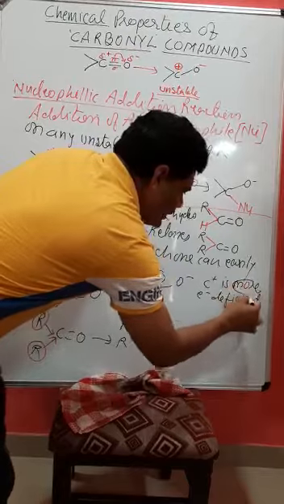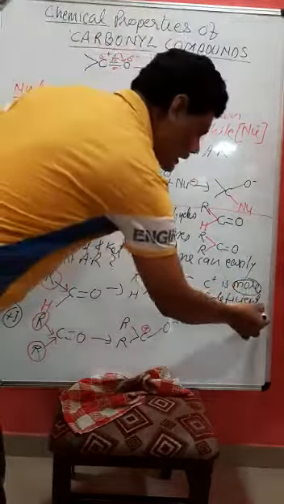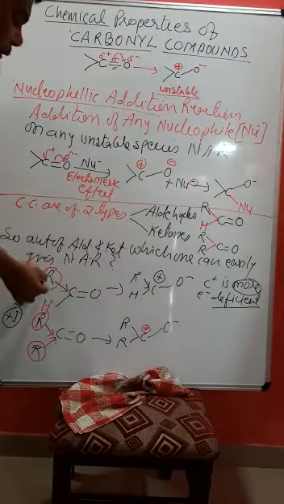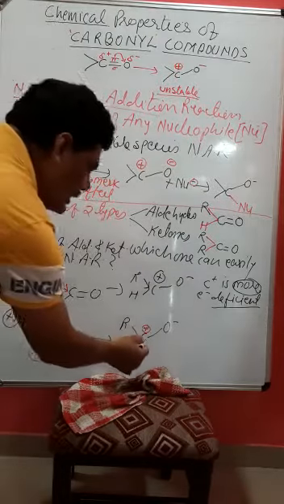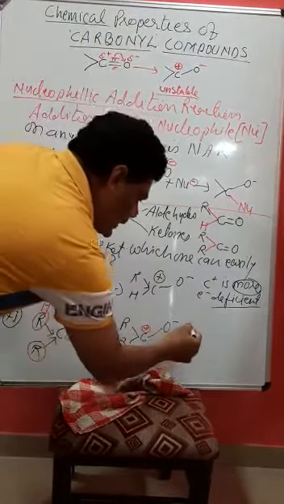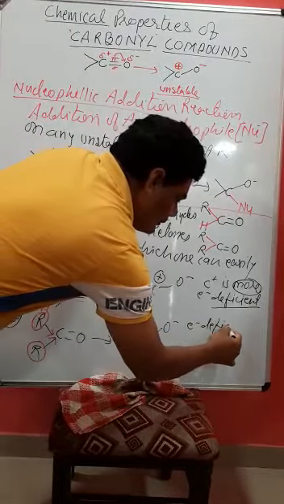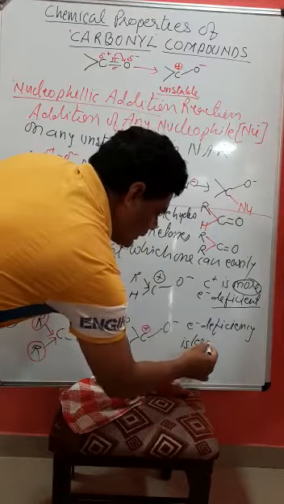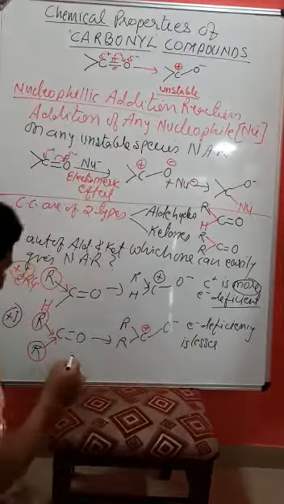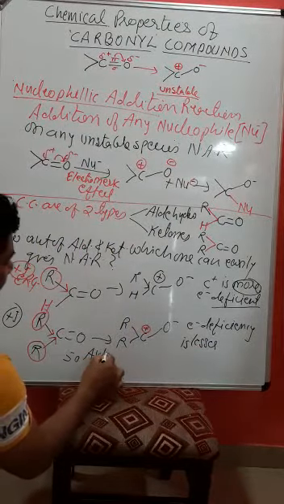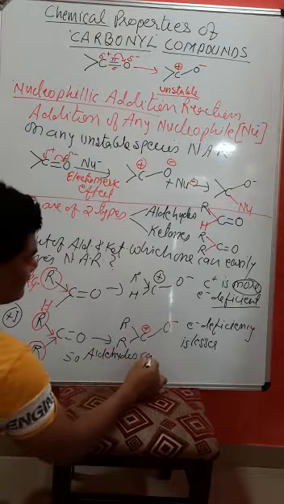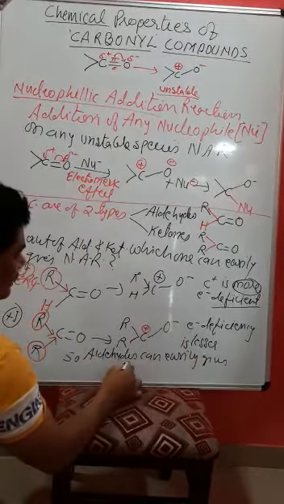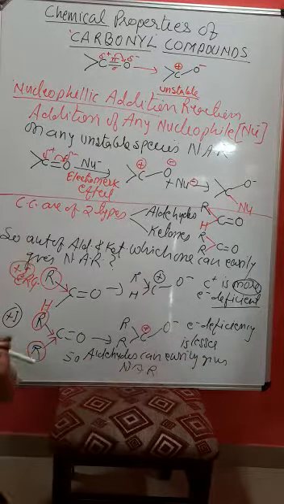Remember, I am using the term deficient. Why is it more electron deficient? It is because only 1 alkyl radical is there. But in the case of ketones, the carbon's electron deficiency is lesser. So aldehydes can easily give nucleophilic addition reactions. Is it clear?